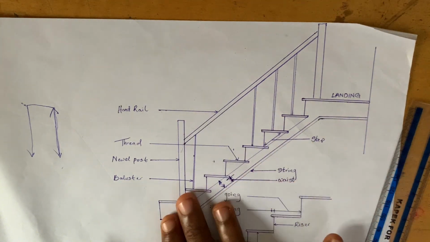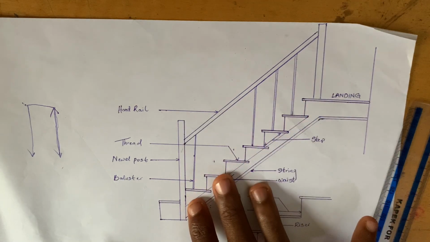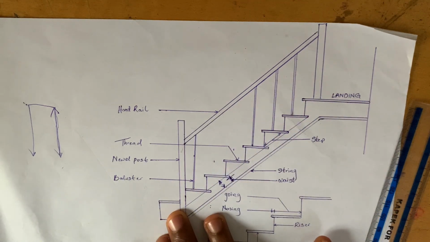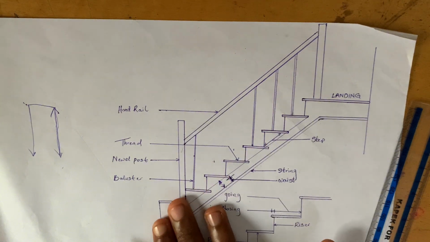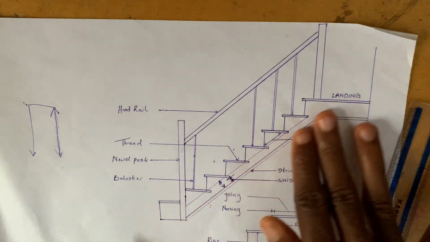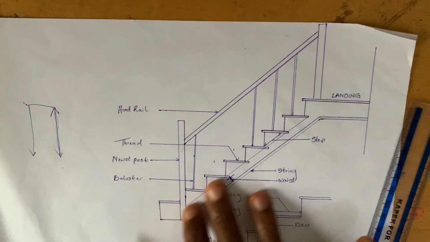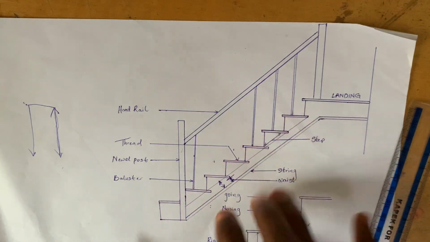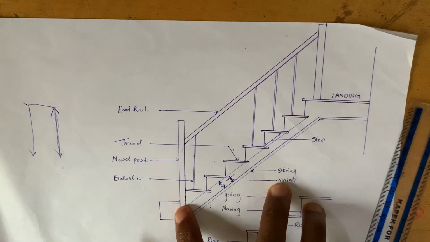After doing all this, there are now finishes to the staircase, where you will treat the kind of finish you want to use on this staircase. There will be painting to the sides, or there will be tiles. The finishes you are going to be using for the staircase will also be measured. Also, in the finishes, we have what we call our newel posts.